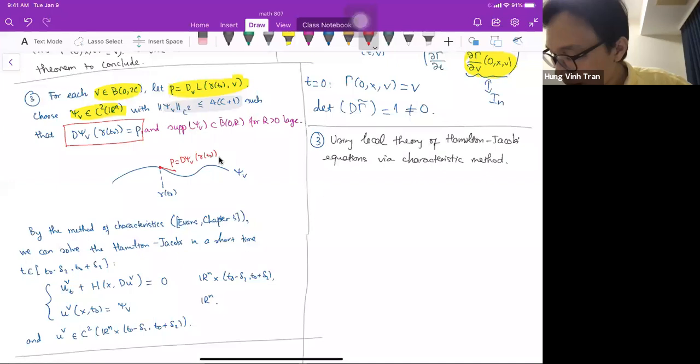So the schematic picture is this: outside of a set, you extend it so that it has compact support nicely.